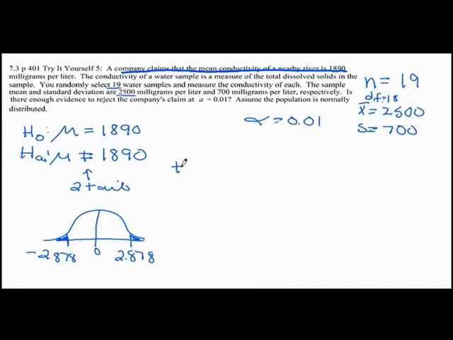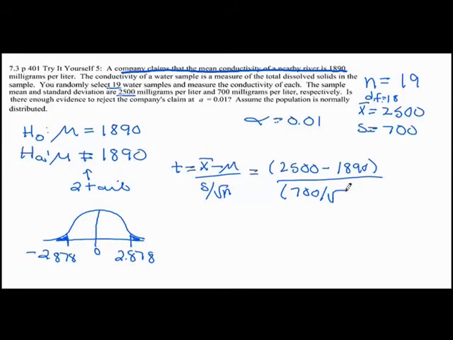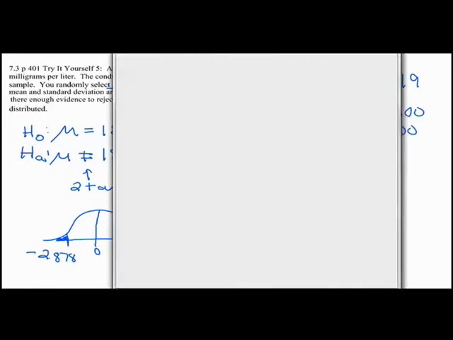The formula for t is going to be x bar minus mu over s divided by the square root of n. We're going to use that s there. And so for us it's going to be 2500, which is our x bar, minus mu, which is 1890, over s, which is 700, divided by the square root of 19, the n, not the degree of freedom. So let's go put that in our calculator.